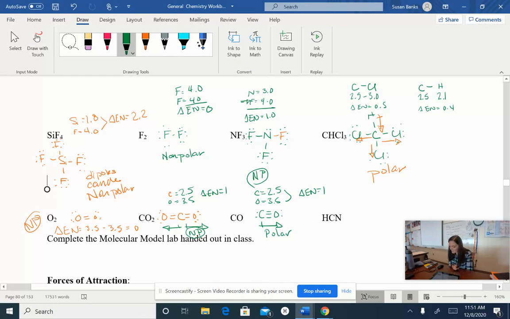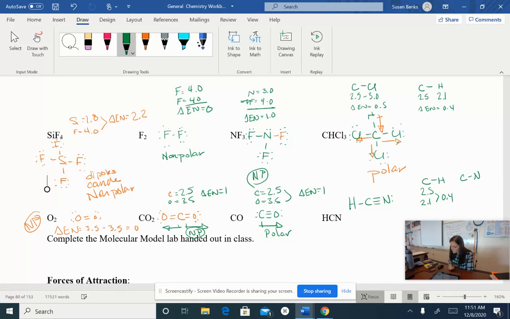Okay, and then last but not least, we have cyanic acid, where this is the Lewis structure. Now, we have to do a couple of bonds here. We have to look at carbon and hydrogen, and we have to look at carbon and nitrogen. So carbon is 2.5, hydrogen is 2.1, so our difference here becomes 0.4.